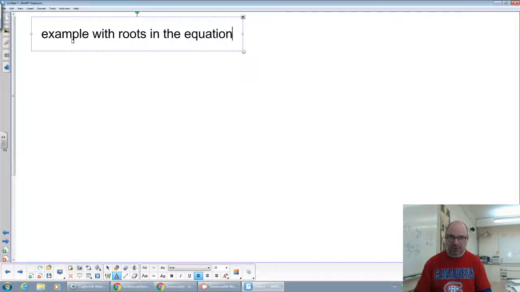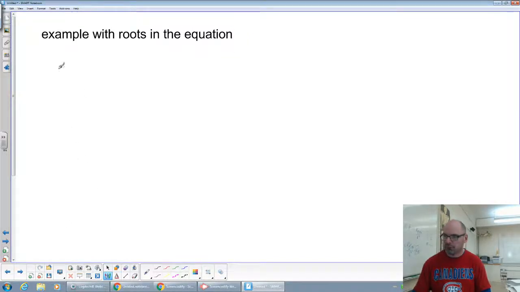Let's say we have the integration of x squared, square root of 1 minus x cubed, dx on the outside.